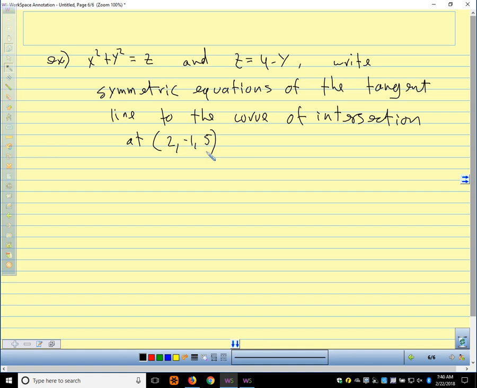So what is this surface? A plane. In 3 dimensions, that would be a plane. Well, what are we going to do here?